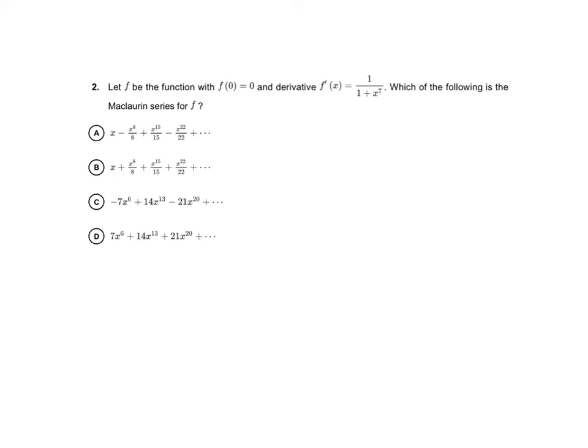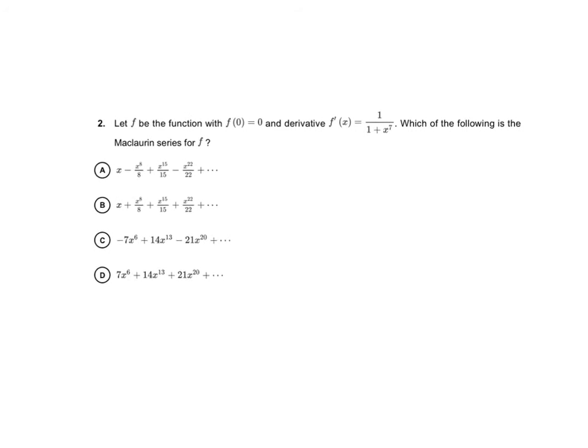And so, just to re-emphasize this, it's going to be f at 0 plus f prime at 0 times x plus f double prime at 0 times x squared all over 2 factorial, and just going to keep going from there.